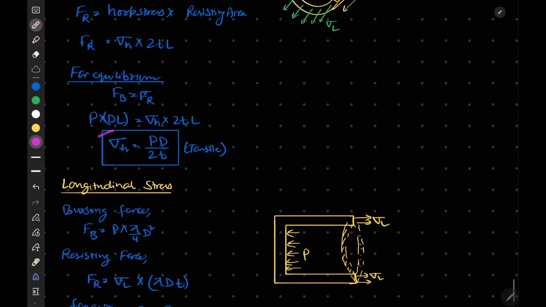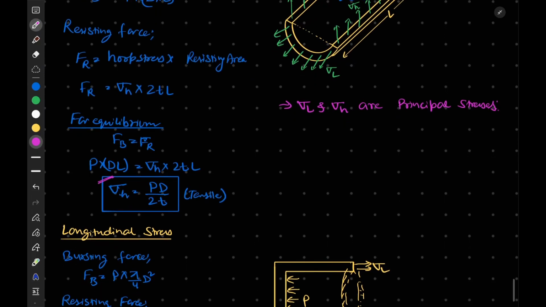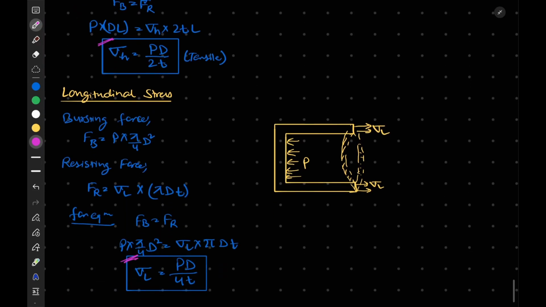I can mention here that sigma L and sigma H are principal stresses. And why will it be so? Because there is no shear stress present on these planes where your longitudinal and hoop stresses are acting. I hope you understand this point.